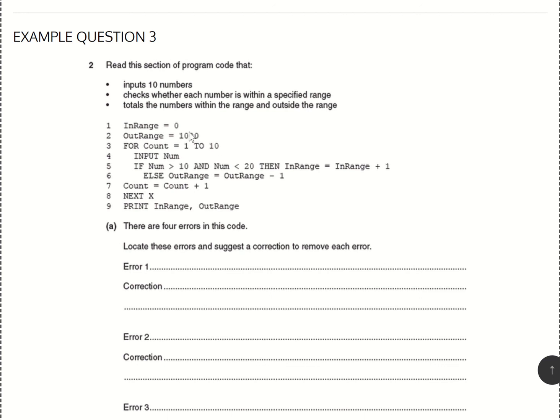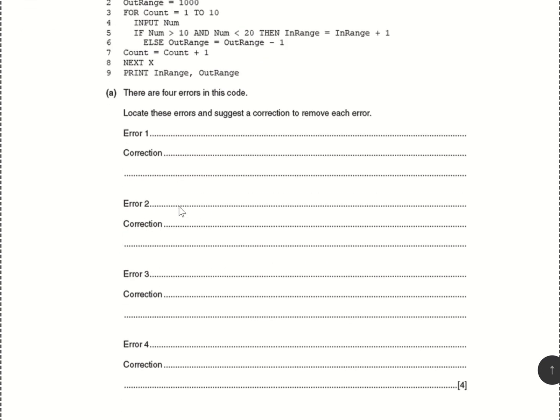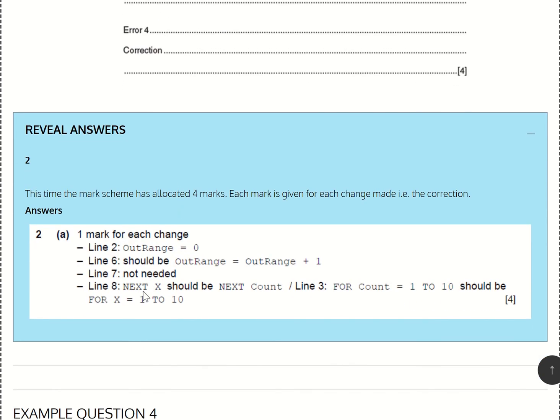Another mistake. So 1, 2, 3, and next count, not a next x. And yeah, or it could be next x, but for count should be changed to for x. So these are the 4 mistakes.